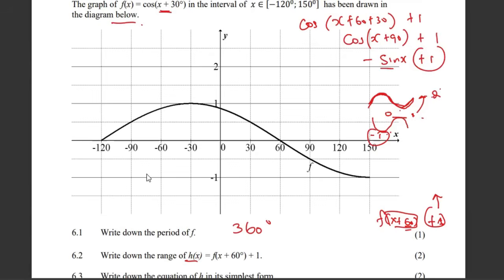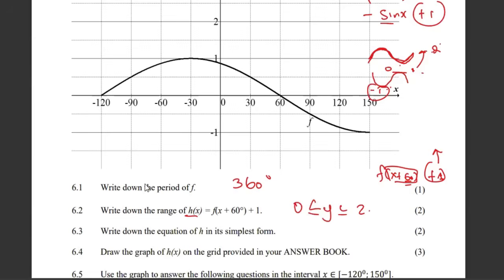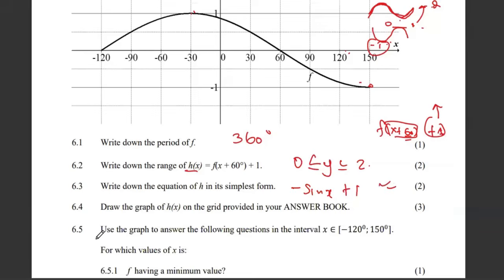Okay, 6.2, I'm going to say 0 is less than or equal to y, less than or equal to 2. And then simplify the equation. We've already simplified it to negative sine x plus 1. If not, you can just look at the y values here. If you move it 1 unit up, it's going to be 2 and then a 0, and then the simplified equation is that. And they want us to draw h of x on the same grid.